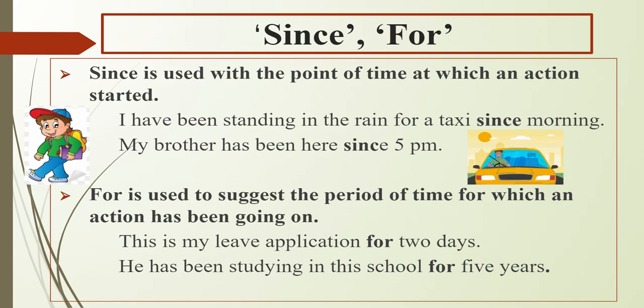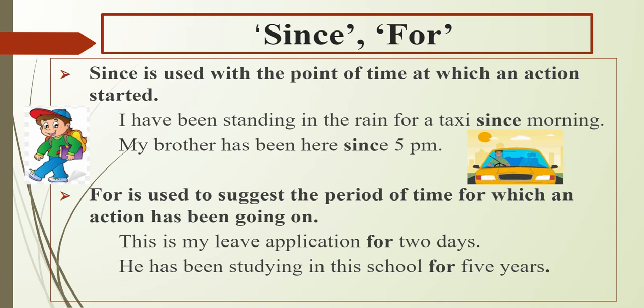Now, for is used to suggest the period of time for which an action has been going on. See, children, since is used with an action to say when it started, and the preposition for is used to suggest the period of time for which an action has been going on, like for 2 days, maybe a year or something like that.